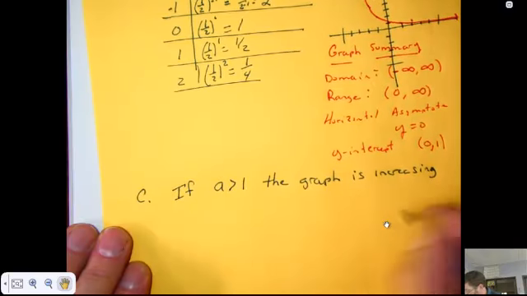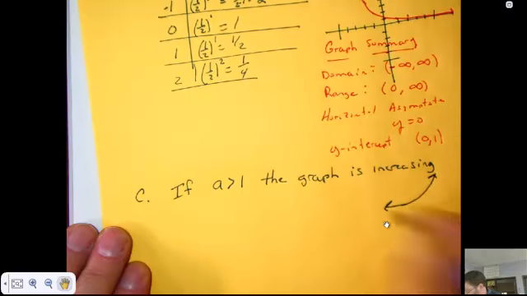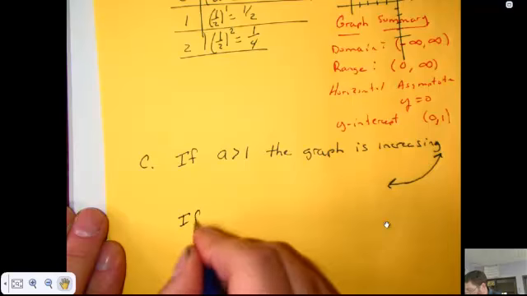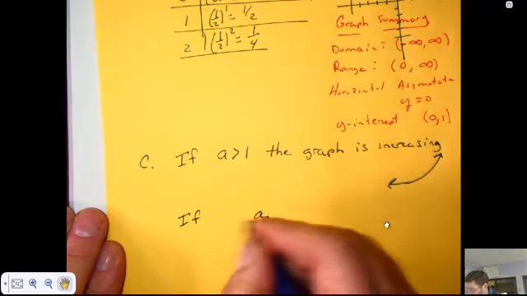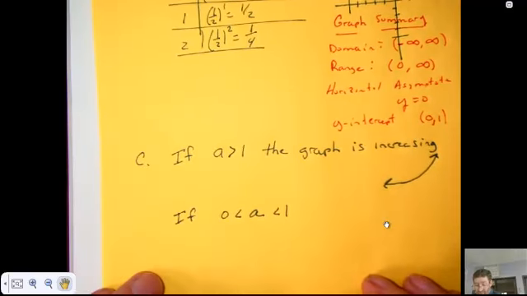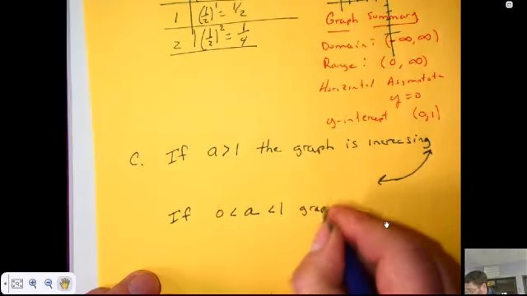It goes up like this. But if the base A is between 0 and 1, so basically a fraction, then the graph is decreasing.